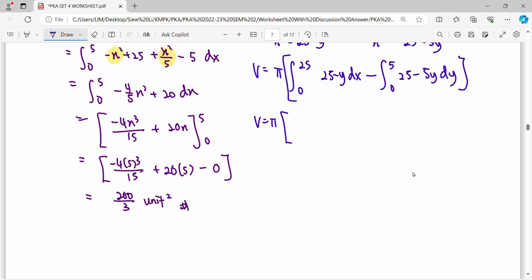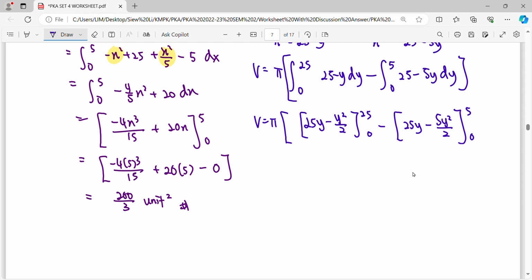Then we start to integrate 25 with respect to y: 25y, then y squared over 2, upper limit 25, lower limit 0. Meanwhile for this, 25y minus 5y squared over 2, upper limit 5, lower limit 0.